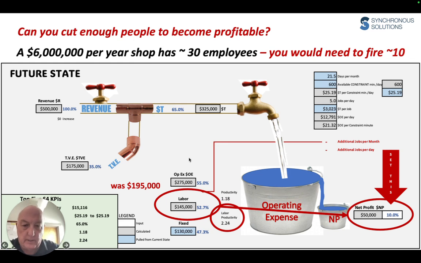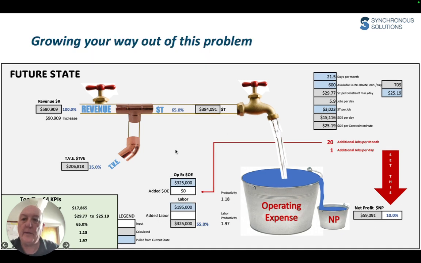So what's the alternative? Let's see if we can't grow our way out of this problem. If we go for a forced 10% net profit, we're going to force the numbers back through, which means we need to grow the business by almost $91,000 to get ourselves a 10% net profit.